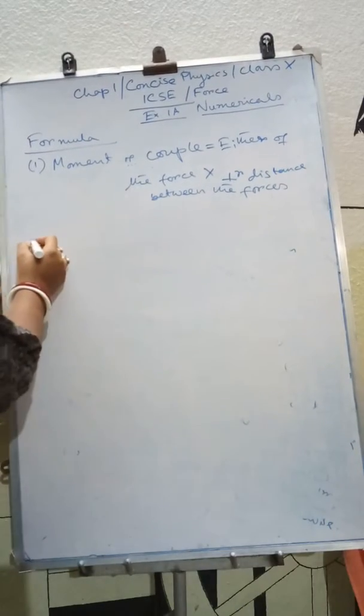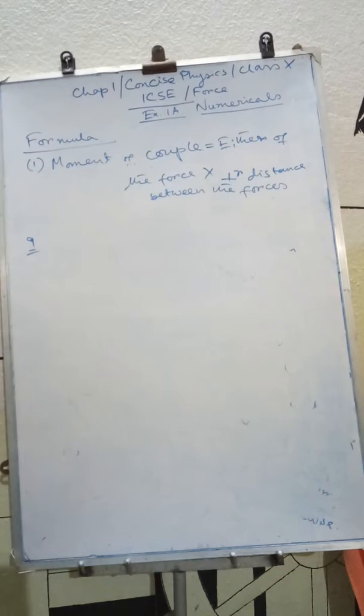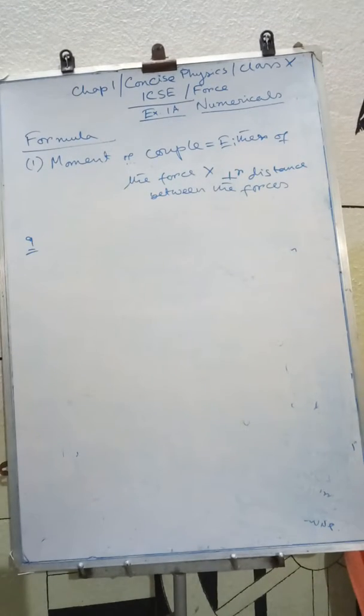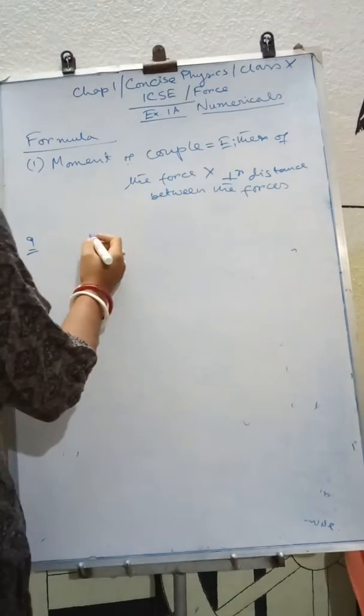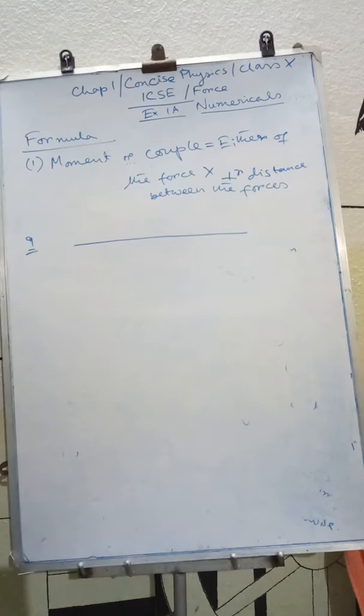Number 9 sum. A uniform meter rule balances horizontally on a knife edge placed at 58 centimeter mark when a weight of 20 gram force is suspended from one end. Draw a diagram of the arrangement. What is the weight of the rule? This is a uniform meter rule.